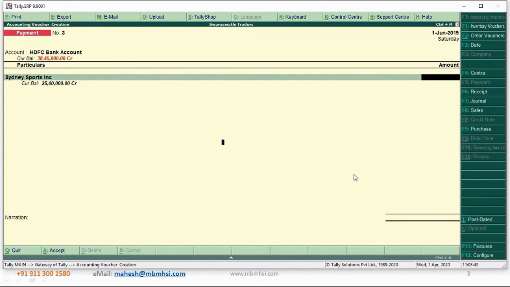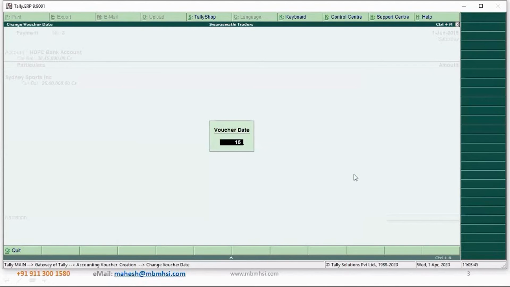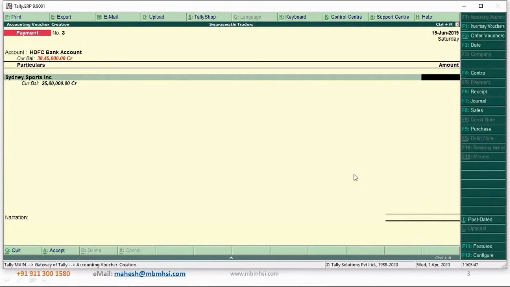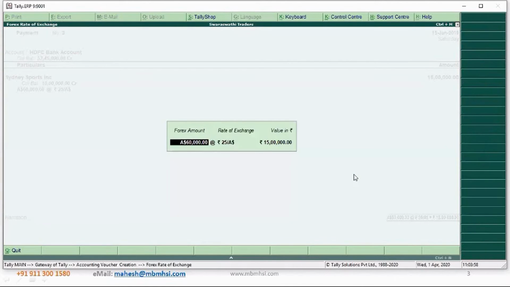Okay, so I'm just changing the date to 15th of June. So I'm saying Australian dollars 60,000 I'm paying. Right? What is the rate? See, now it has taken 25 per dollar. So what is the rate that I'm paying?